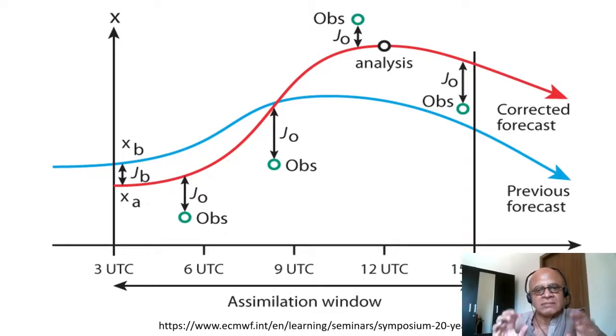Okay, there are cost issues involved, so sequential methods may be computationally cheaper, especially when they have used things like ensemble Kalman filter to better do the error covariance and its evolution in time. 4D VAR is considered very expensive, even though it's the most accurate right now, and so on. So all kinds of issues have to be dealt with.